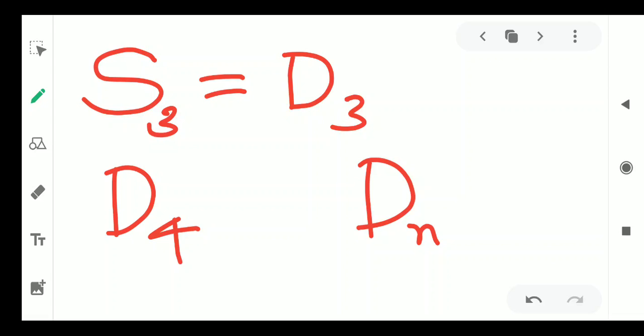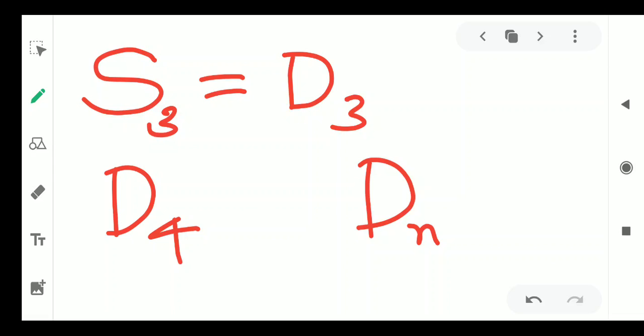Okay, as I told you, we'll be talking about S3, the symmetry group of 3 letters 1, 2, 3. Actually, that is used for finding what kind of symmetries there are for an equilateral triangle.